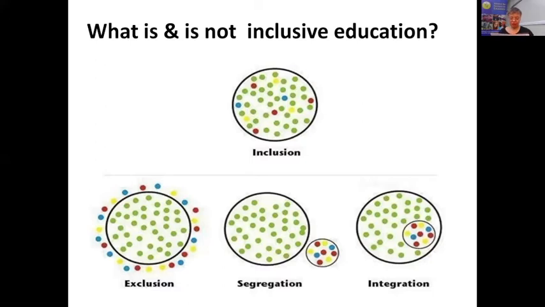Now I'm going to explain what is exclusion. Exclusion is when disabled pupils and students are directly or indirectly being denied access to mainstream education.